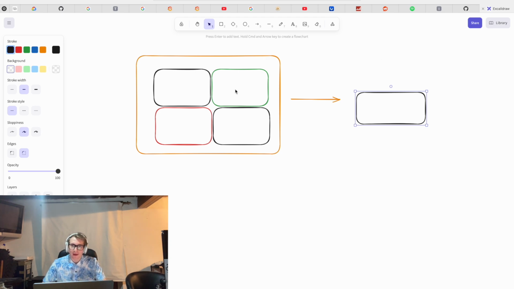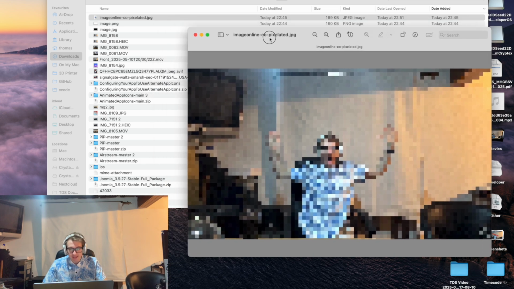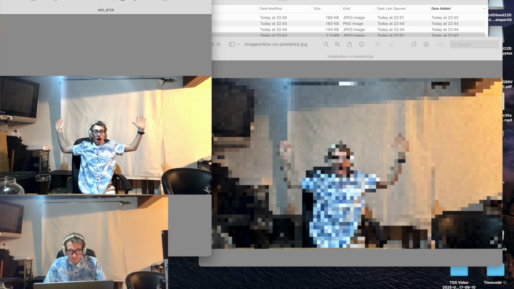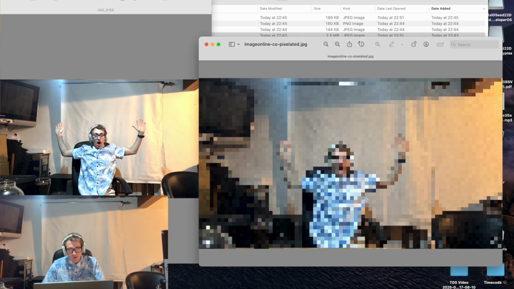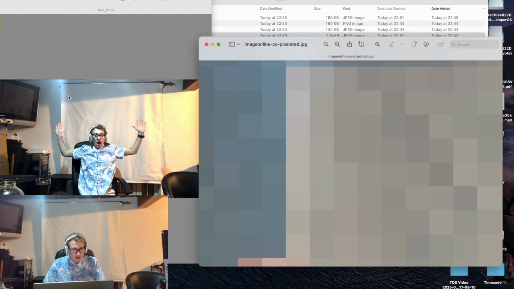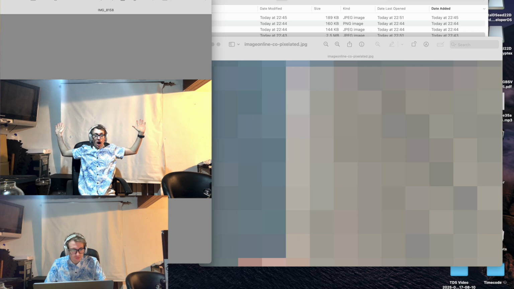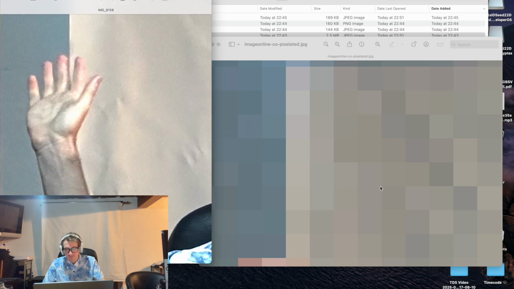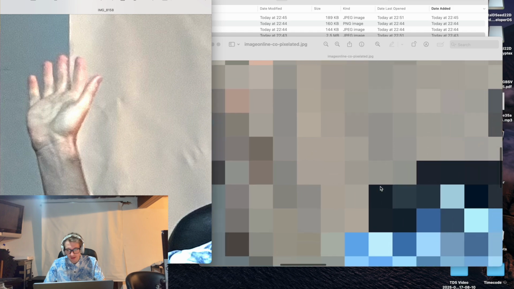So we can look at that if we look at this one. So this is the pixelated image. This is the original. And you can see how it's done it. So if you zoom in, it's combined what are already quite grainy pixels. Let's find something we know what we're looking at.